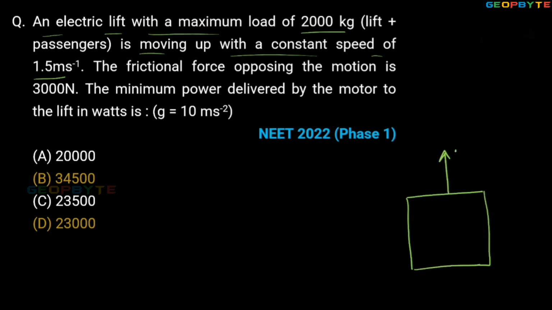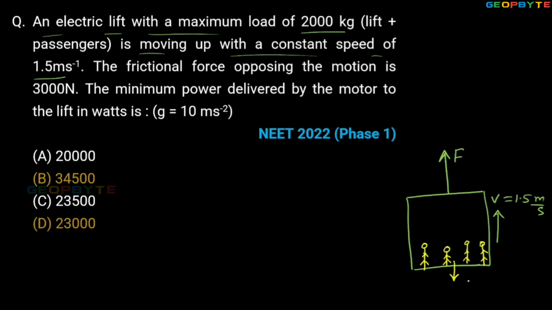A constant force is acting on the lift to maintain the constant velocity v equal to 1.5 meter per second. This is the lift weight and passengers' weight. Passengers are there on the lift.